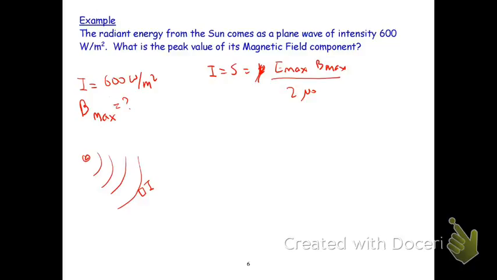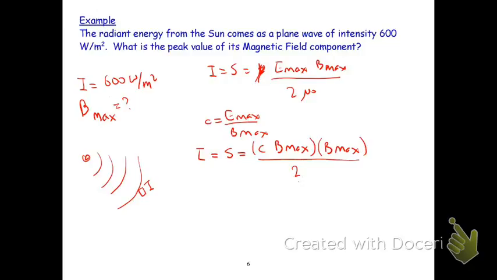Then I remember that C is equal to E max over B max. I want to find B max, so substitute for E in there. So I, which is equal to S, is equal to C B max, that's just rearranging that bottom equation, times B max over 2 mu naught.